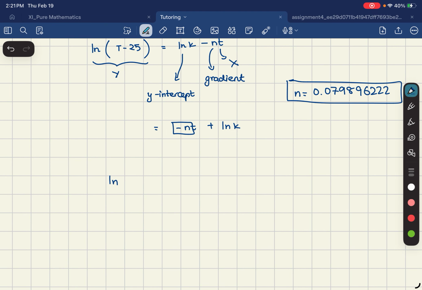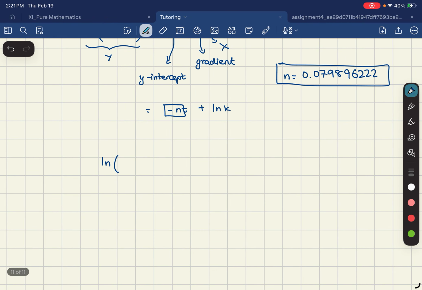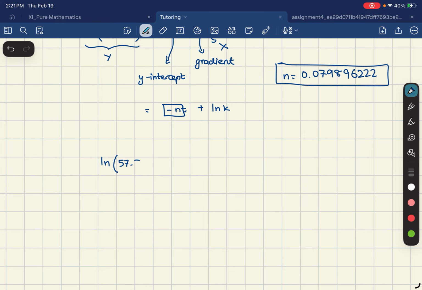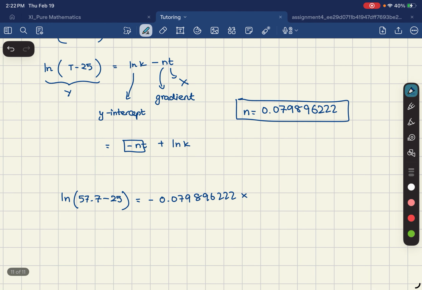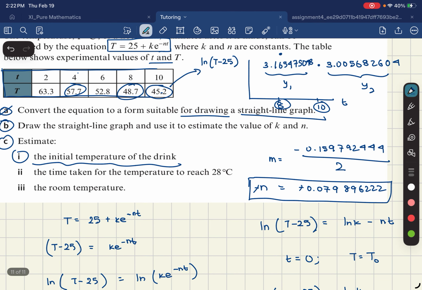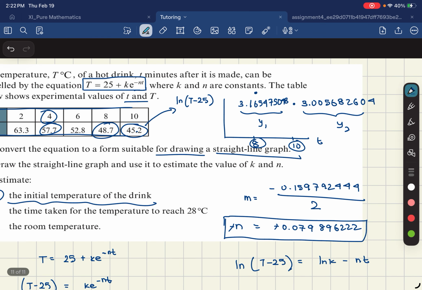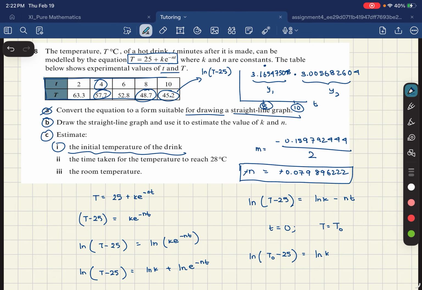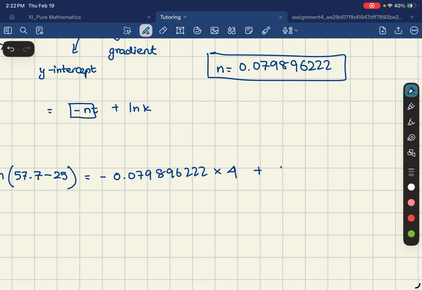Let me just take one data point, say T is equal to 57.7 at t equal to 4. So ln of 57.7 minus 25 has to equal negative 0.079896222 times 4, with t in minutes, plus ln K. I have to be very careful with the units here.